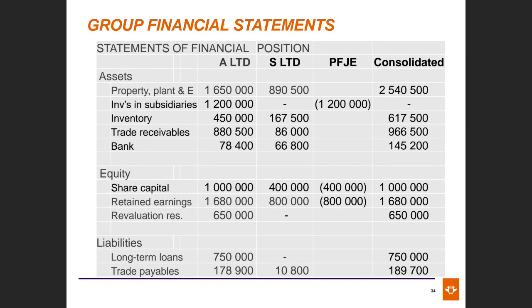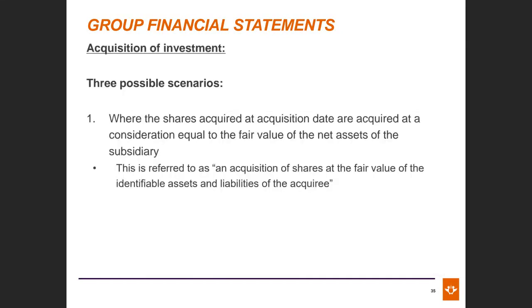So let's have a look at the three scenarios which we can encounter. The first scenario is where the shares acquired at acquisition date are acquired at a consideration equal to the fair value of the net assets of the subsidiary.